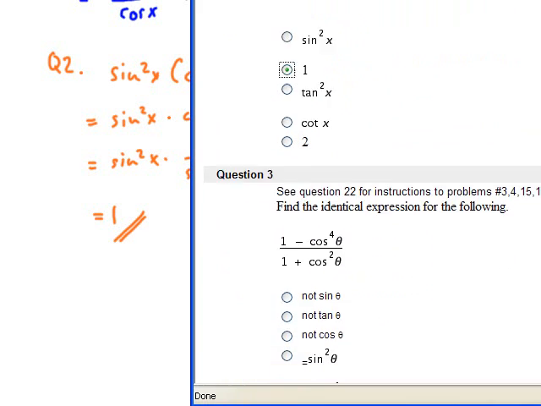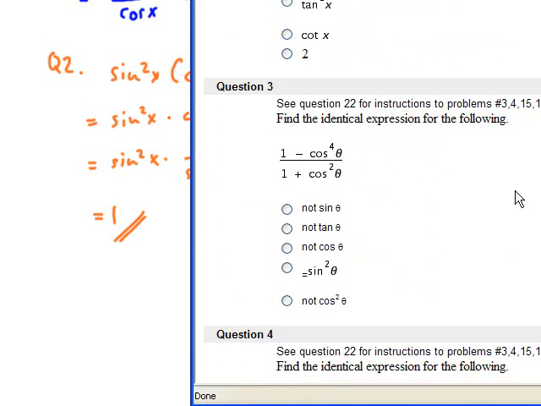So here's question 3. See instructions for these here. You only get points if you show the algebra in the editor box. Find the identical expression for the following, and so this one is 1 minus cosine to the 4th divided by 1 plus cosine squared, and I give away here that this one is already the correct answer.